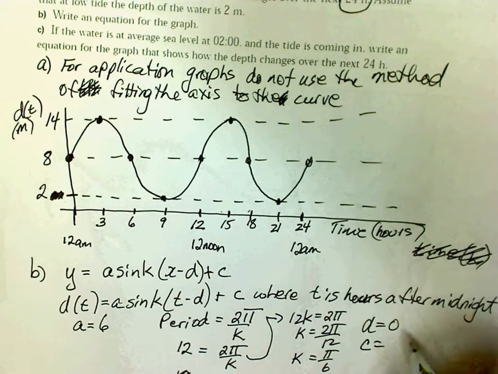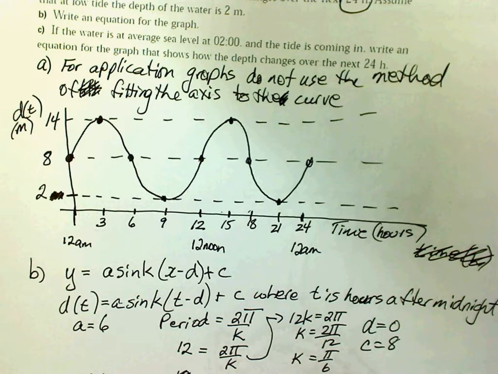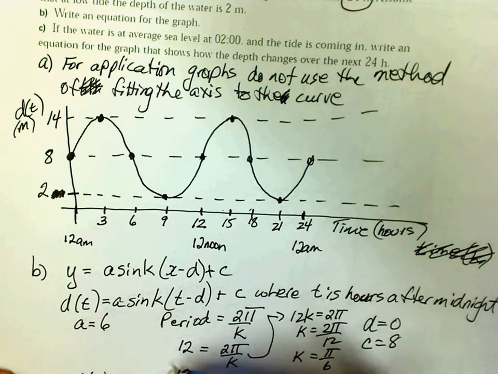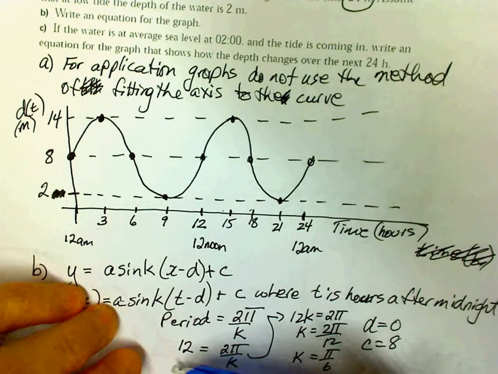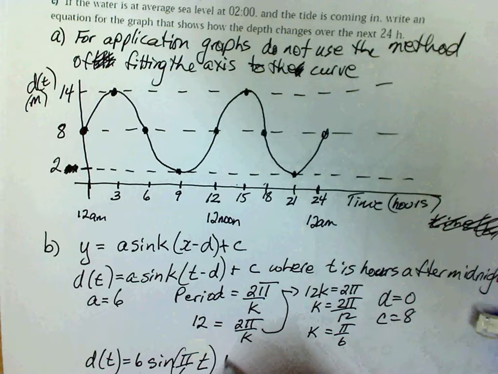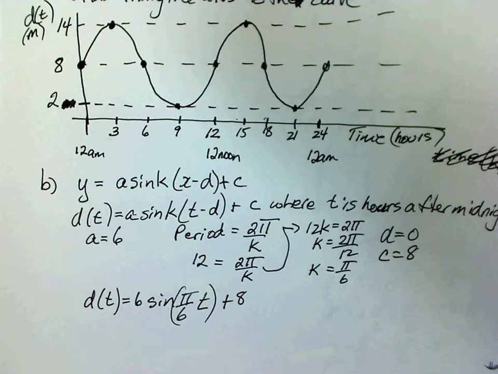So our equation becomes D of T equals 6 sine pi by 6 t, plus 8. Can I explain anything better on that one?